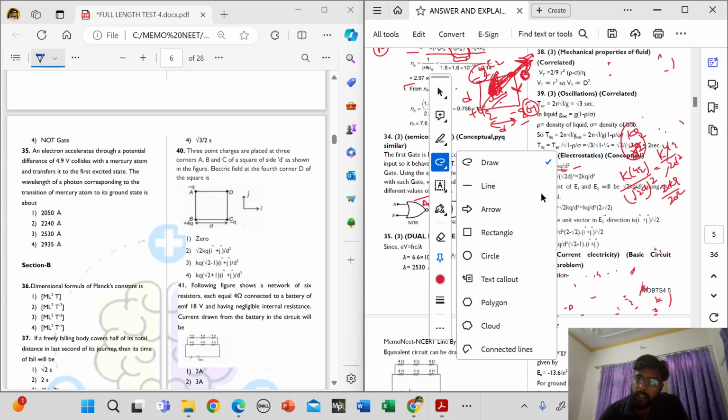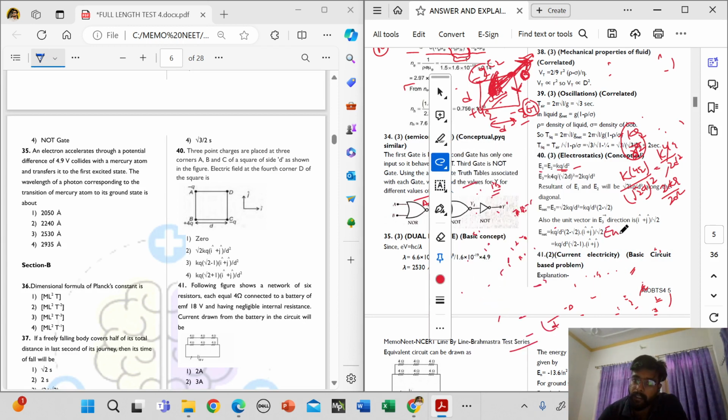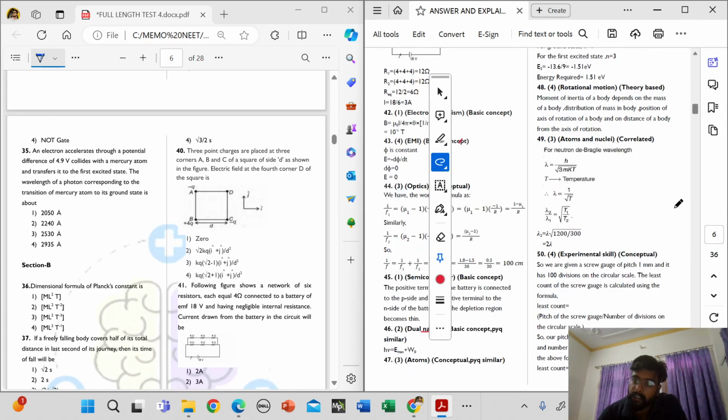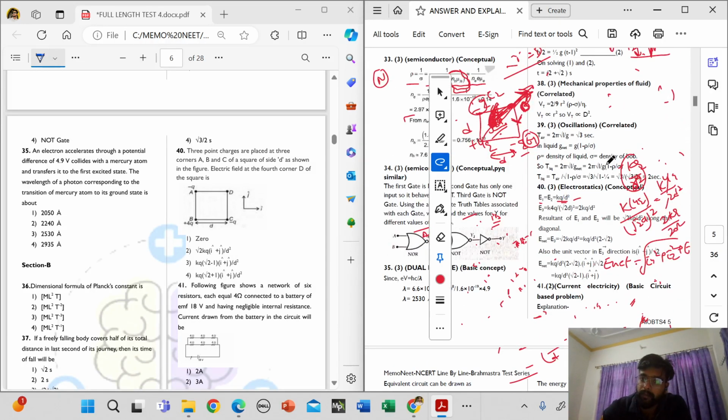This net electric field E net is equal to root of E1 square plus E2 square, plus E3. So E1 is KQ upon D square, E2 is KQ upon D square, plus E3, which we have found out.